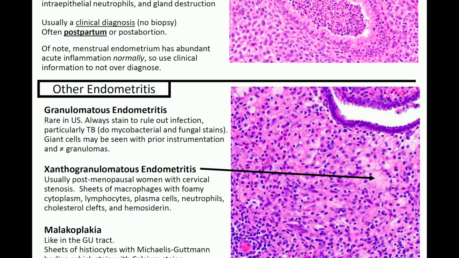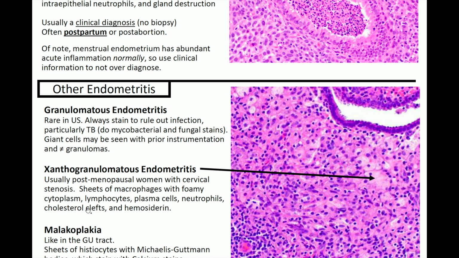Xanthogranulomatous endometritis usually occurs in postmenopausal women with cervical stenosis. And as the name suggests, you're going to have sheets of macrophages with foamy cytoplasm, lymphocytes, plasma cells, neutrophils, cholesterol clefts, and hemosiderin. Anything xanthomatous makes me think of cholesterol clefts.